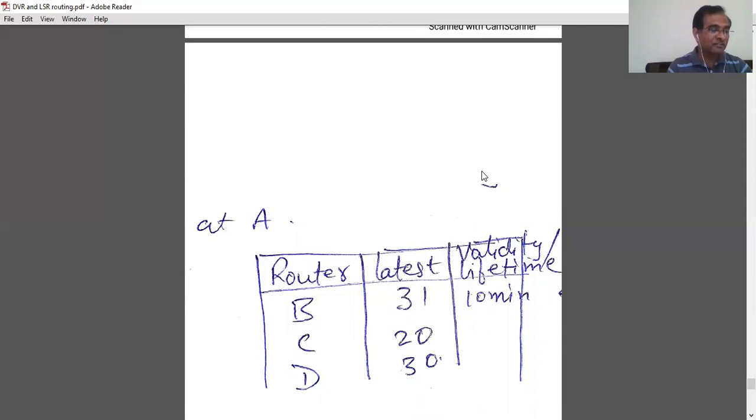So B15 was sent with sequence number 15, but on the way it got corrupted to 31. This 31 becomes the latest information, and it is broadcast to everyone. Now everyone is waiting for something greater than 31, so they are waiting only for B32, and B16 to B31 will be discarded.